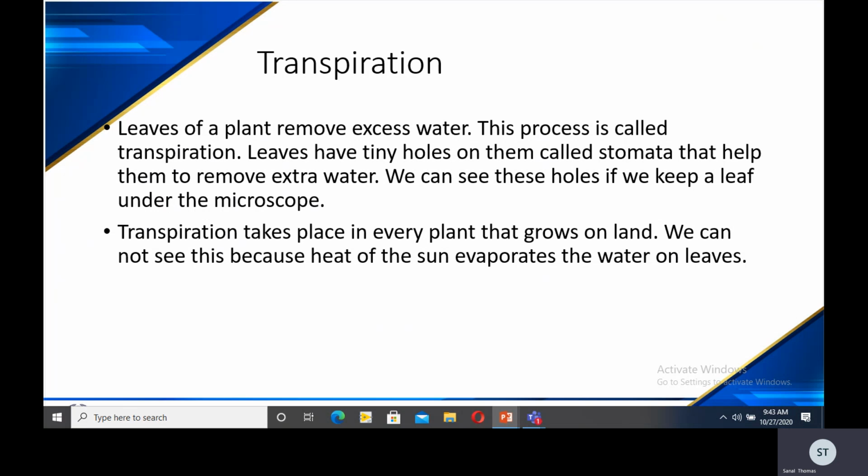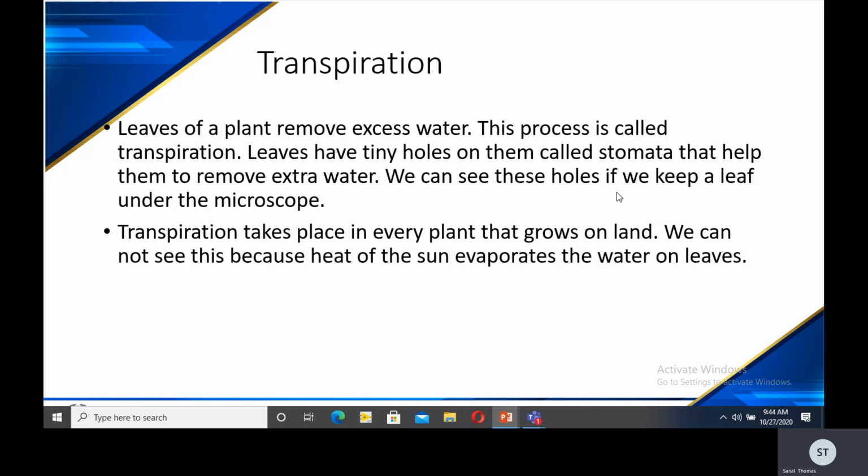The leaves of a plant remove the excess water they have. This process is called transpiration. Leaves have tiny holes on them called stomata, and these help them to remove this extra water. So the extra water is removed through the tiny holes called stomata.